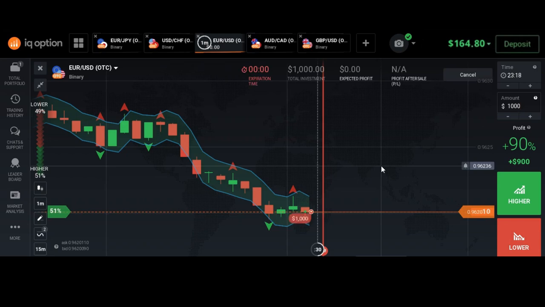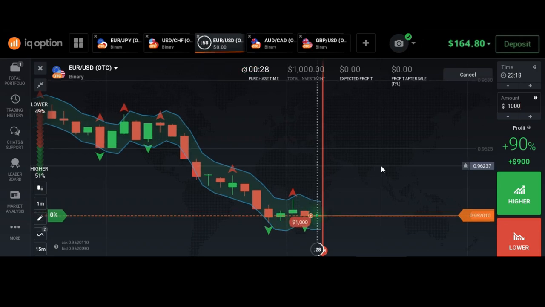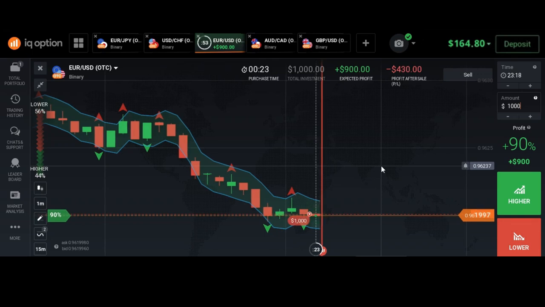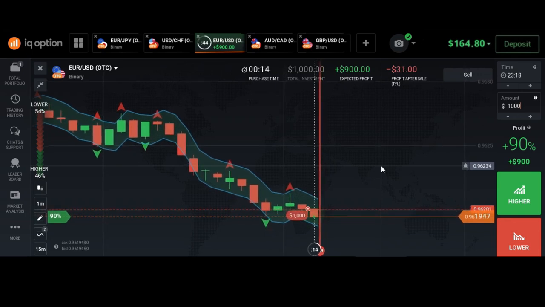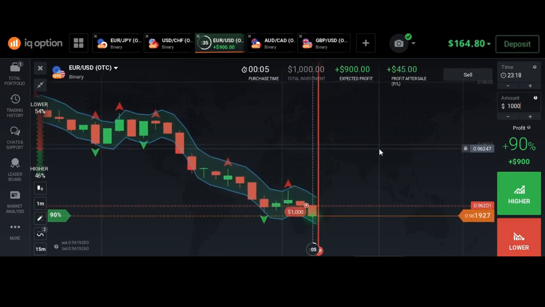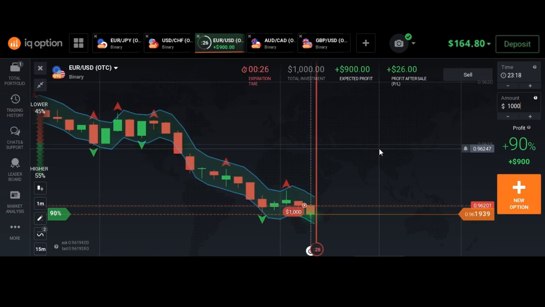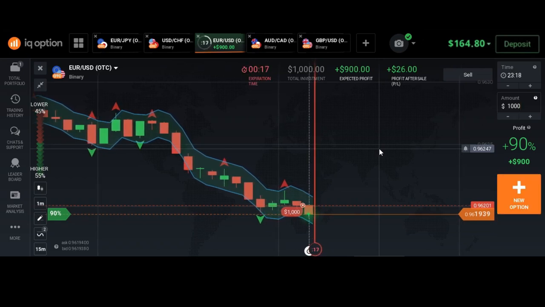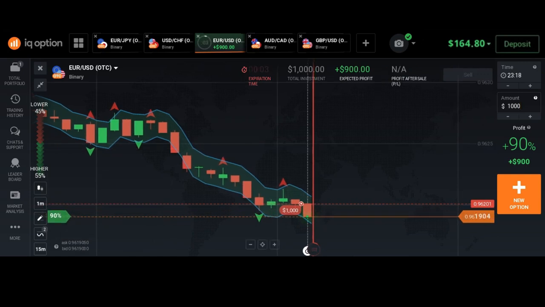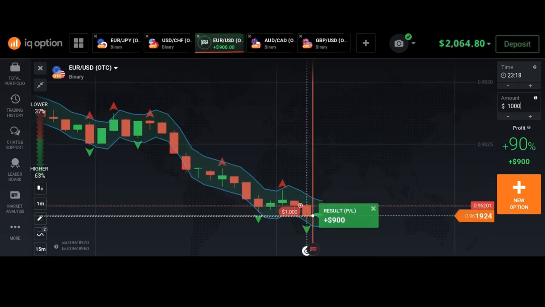Here is a good opportunity, since in addition to the fractal appearing, the graph is in a downtrend. Oh, the connection is failing me. Another fractal appeared on the chart of the same currency pair.